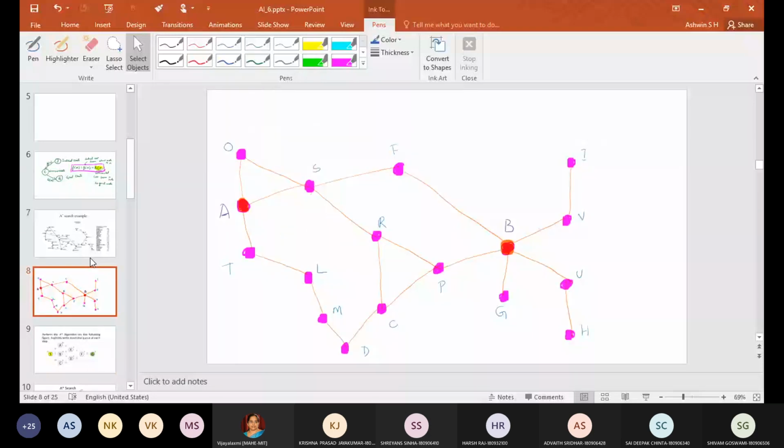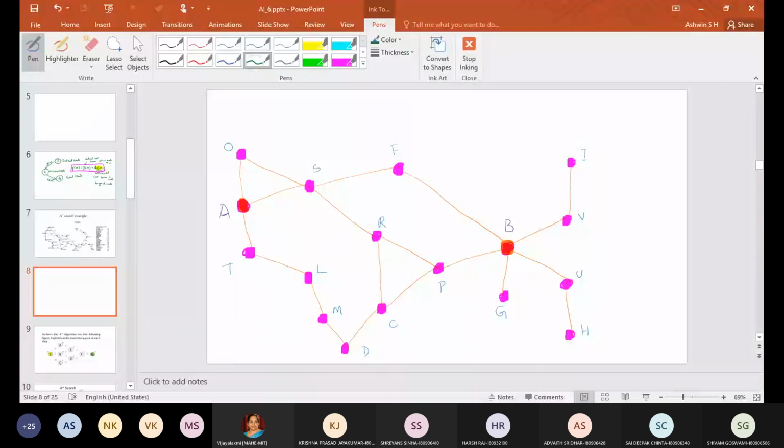I'll first explain this, and after that I'll give you one problem so that it will be clear. First, I will explain how to do this problem. It is an actual diagram of a city. It is to find the route from A to B, the optimal route.